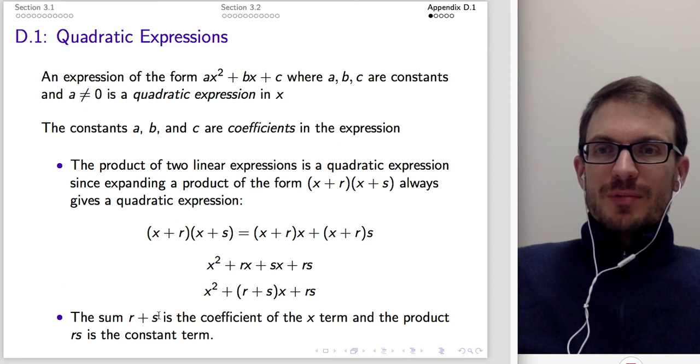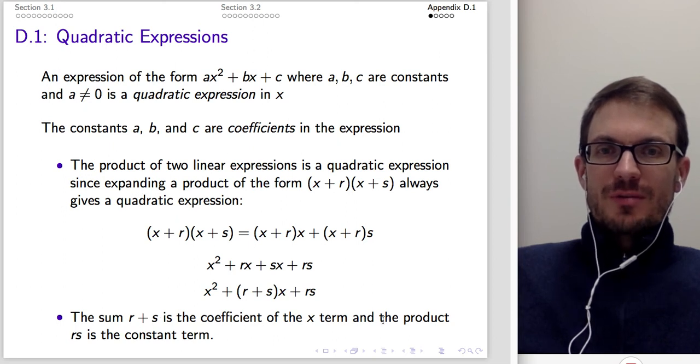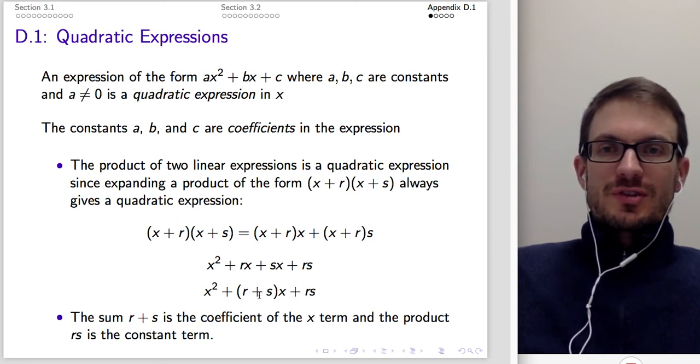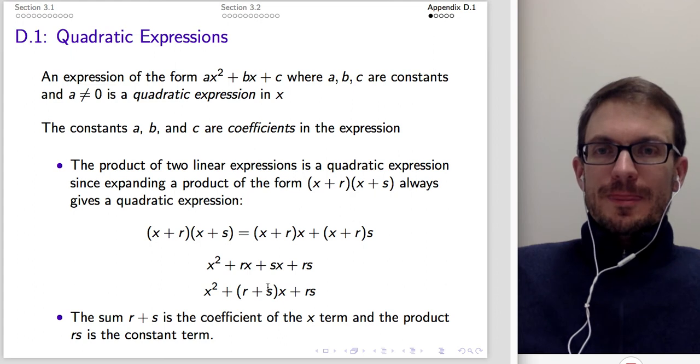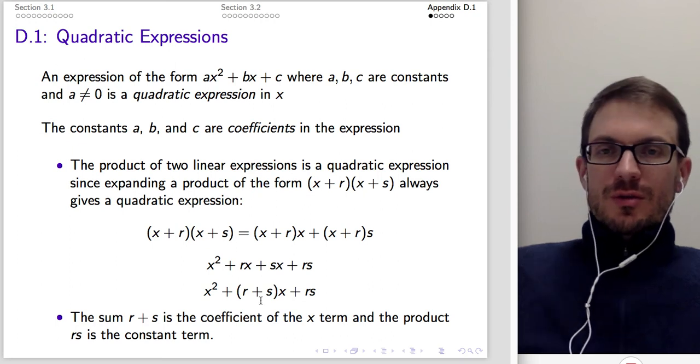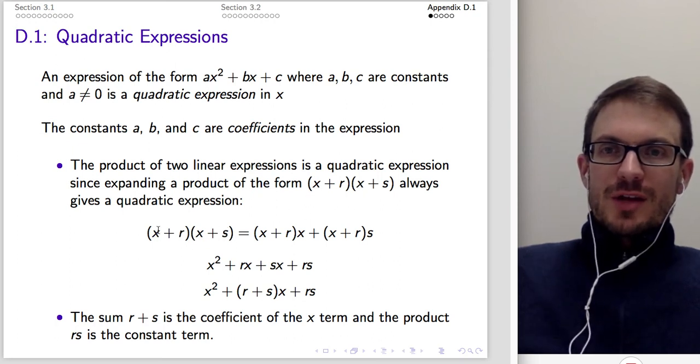So the sum r plus s is the coefficient of the x term, and the product rs is the constant term. All right, so don't just gloss over the significance of this. This is important for factoring, right? This is going to help us with our factoring strategy. Remember, when we're trying to go from something like this back to this, we want to think about how these numbers multiply together and interact with the variable to build this quadratic.